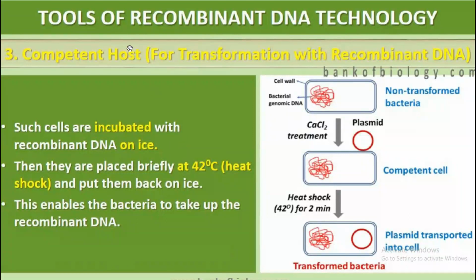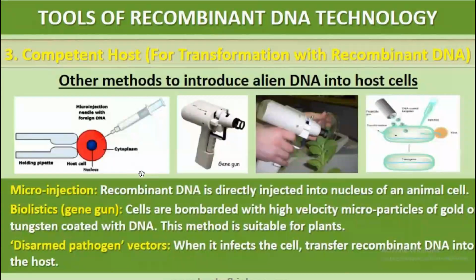Then what are the other methods? Other than this, there are three more methods. Here you can see the photos. Microinjection: recombinant DNA is directly injected into the nucleus of an animal cell. The second one is the gene gun, otherwise known as biolistics.